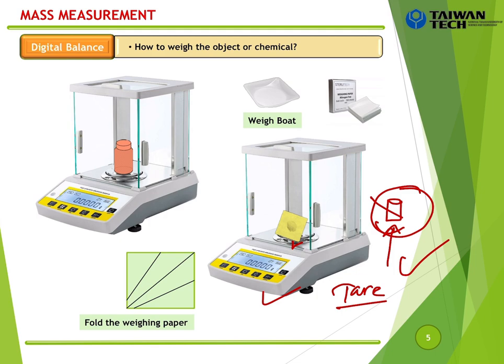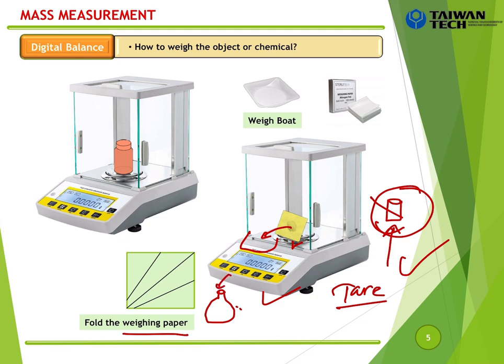Okay, and if you use the weighing paper, and you don't fold your weighing paper, after you finish it may be difficult for you to take the chemical from the weighing paper to some container. Okay, because for a big container it's very simple, but maybe you have some bottle, something like this, and you have a very small neck, and then it's difficult for you to put the chemical inside.